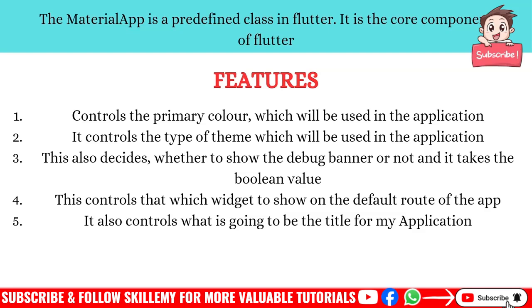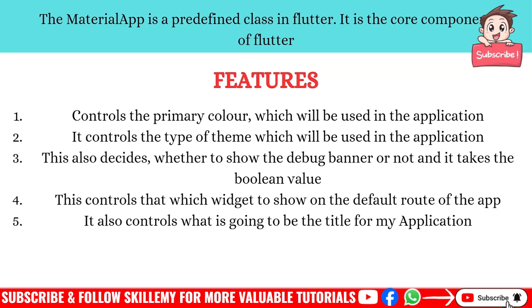Okay. And the next point over here is that it also decides whether to show the debug banner or not. And it takes the Boolean value. If you guys have noticed, once I opened my application, on the right hand side top corner there was a small banner known as the debug banner, because there it was written debug.